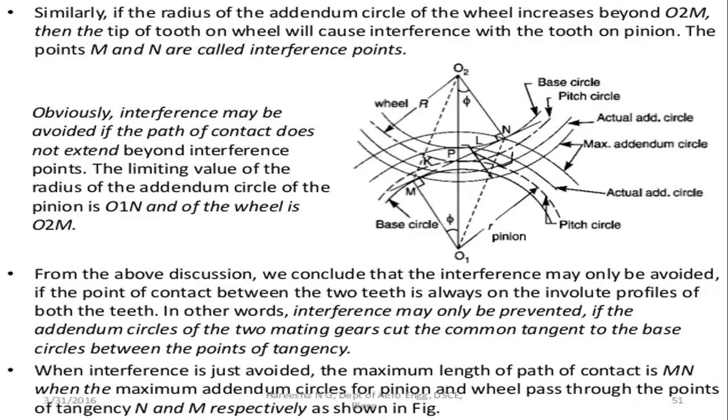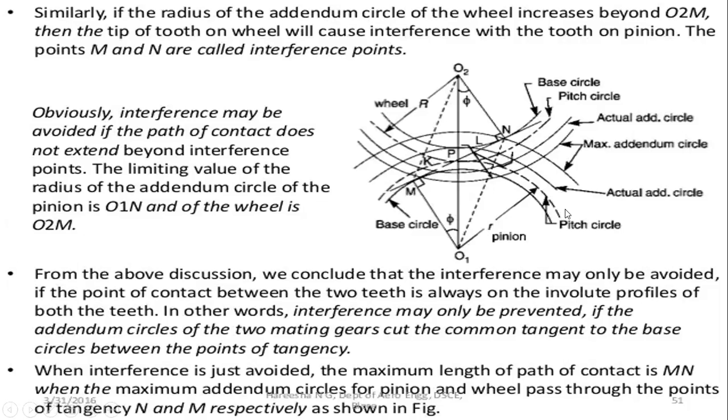From the above criteria, we conclude that the interference may only be avoided if the point of contact between the two teeth is always on the involute profiles of both the teeth. So you have to check the involute profiles of both the teeth.